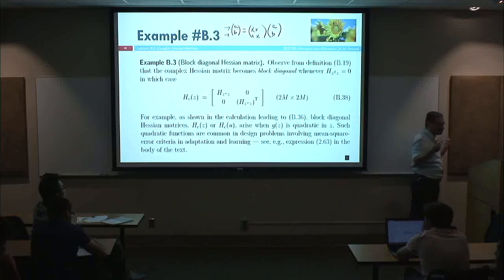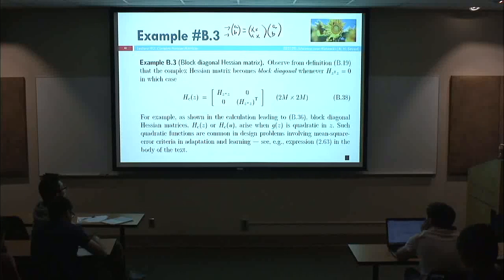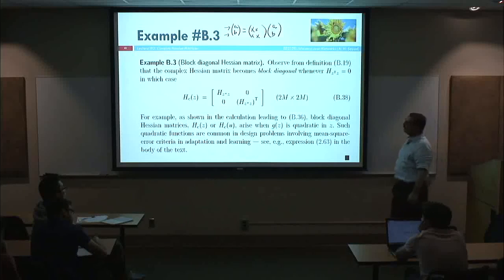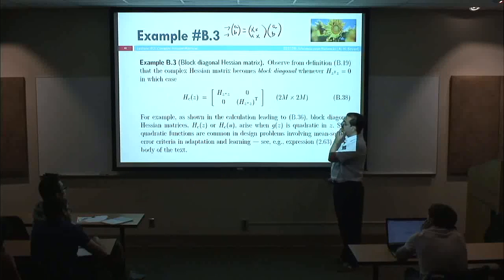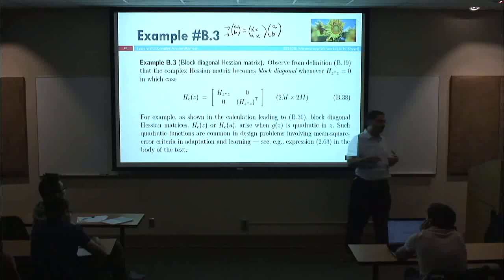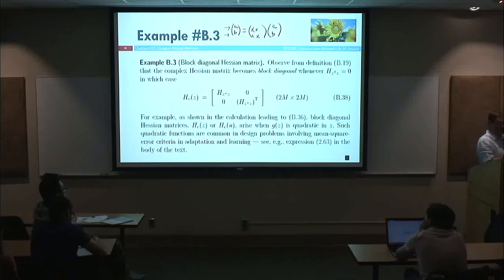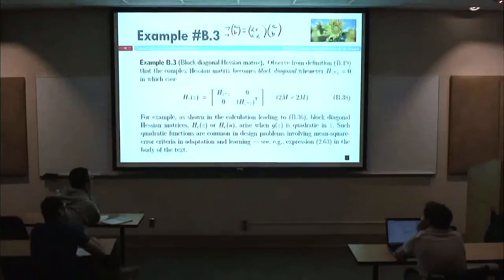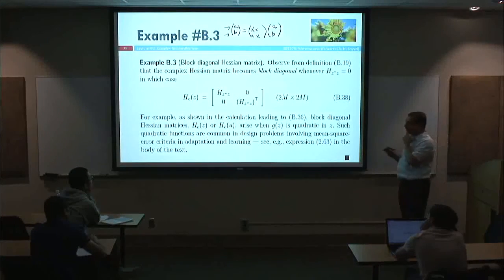So this is an issue that comes up when you study complex data. It's not just a trivial extension from the real case. Some issues come up that need to be addressed, okay? That's why I wanted to stress this point, because you are going to see it in the analysis later. So this concludes this lecture.